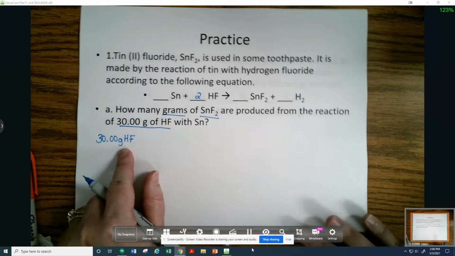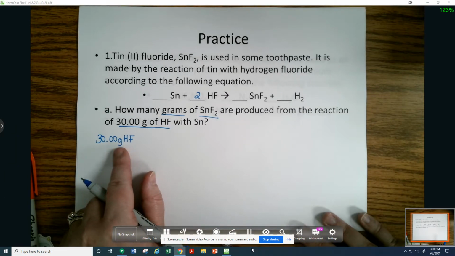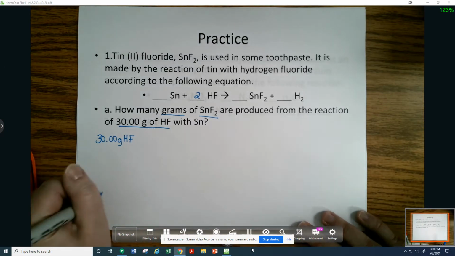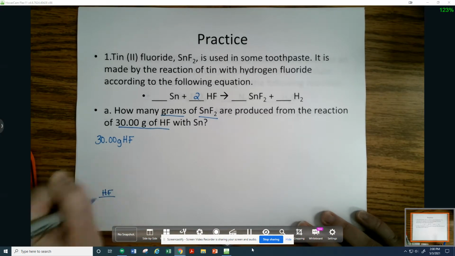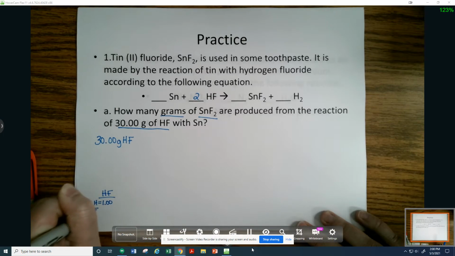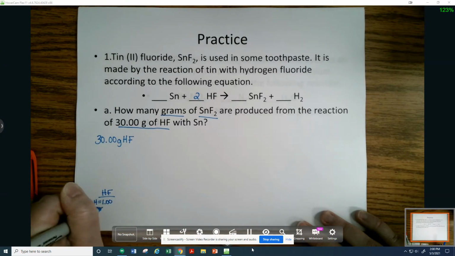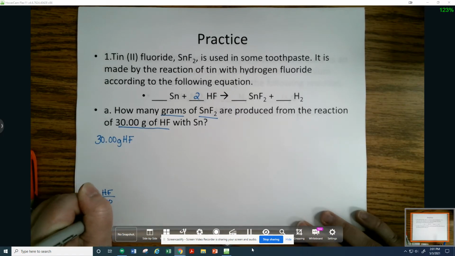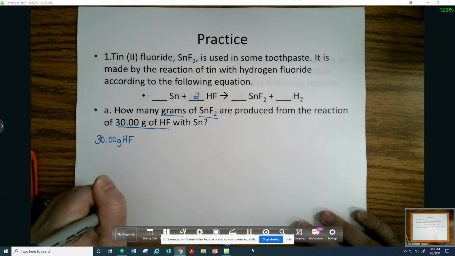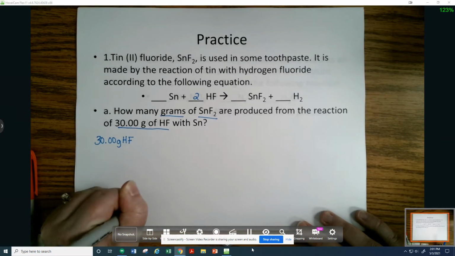So the very first thing, thinking back to our mole unit, is the only thing we know to get grams to moles is we need the molar mass of this compound. So HF is made out of hydrogen, which is 1, and fluorine, there's 1 of them, with a mass of 19. So the molar mass here is 20 grams per mole.